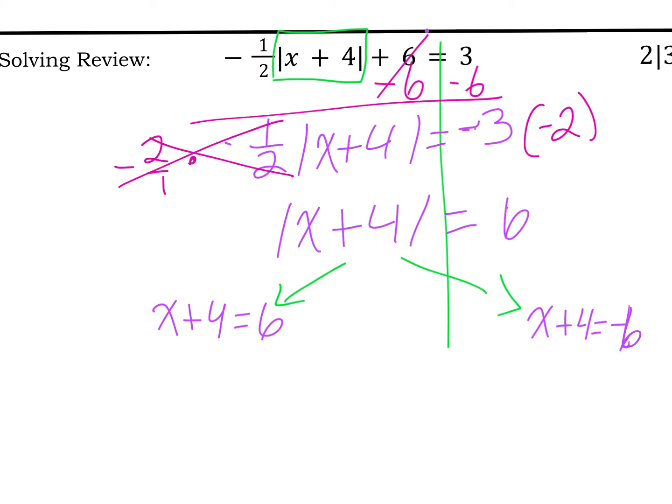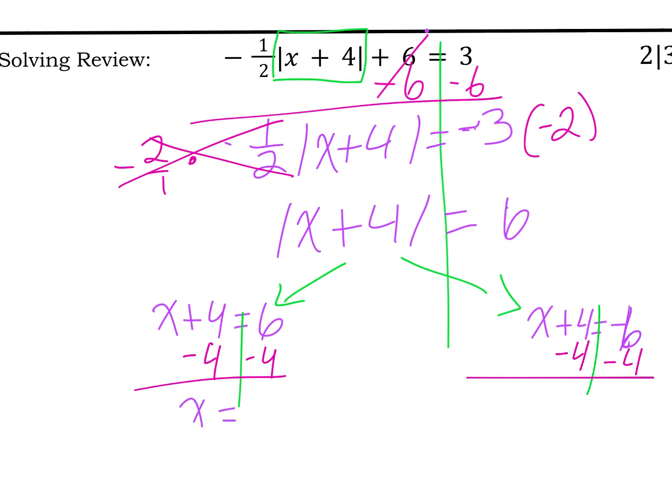So again, I draw my line for both of those. I'm going to subtract 4 on both sides, and I'm going to do that on the other equation as well. So we have x is equal to a positive 2, and x is equal to a negative 10.